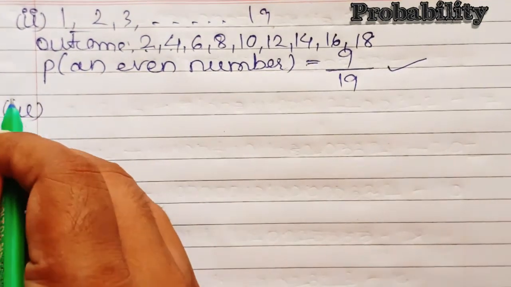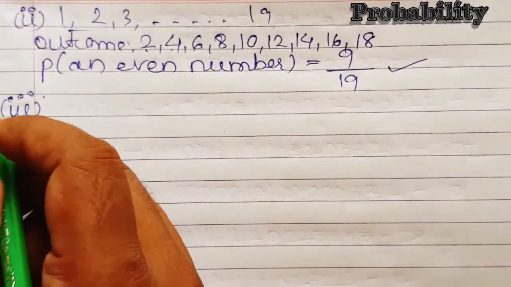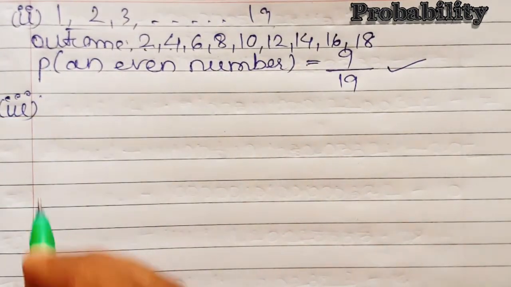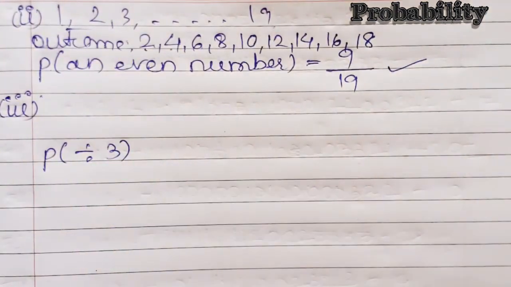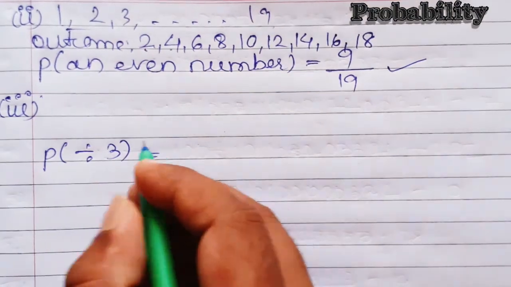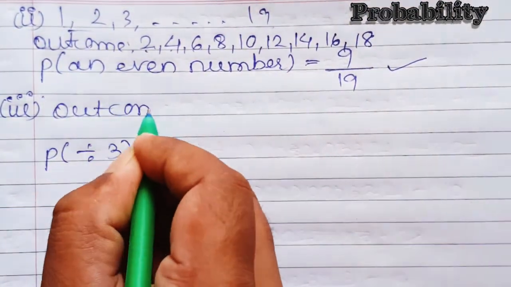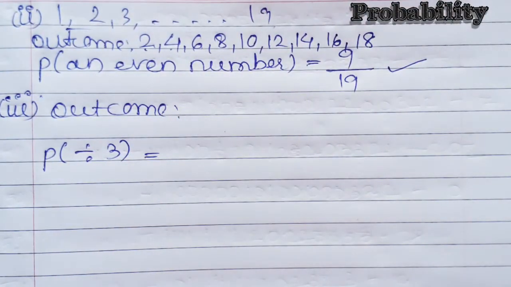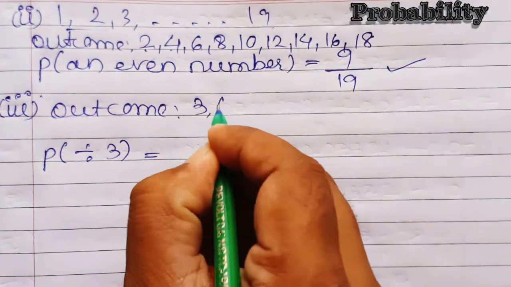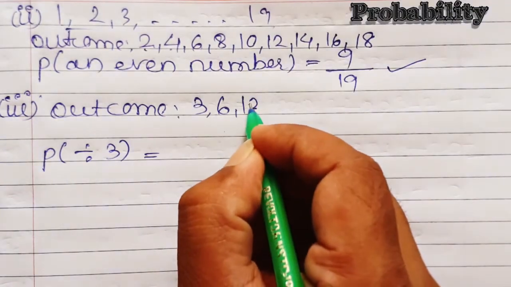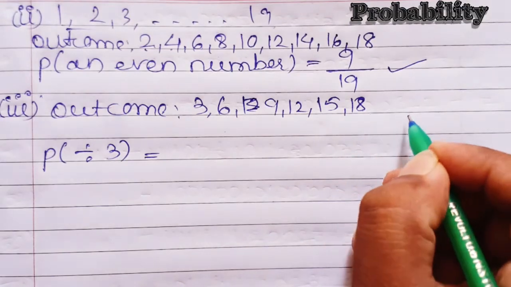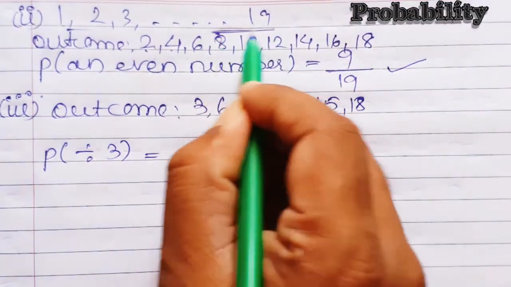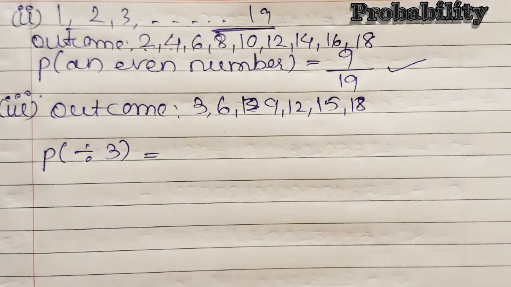Now the third part of this question number 10, we have to find the probability of a number which is divisible by 3. Okay, number which is divisible by 3. So what will be the outcome? तो 1 to 19 में ऐसे कौन से नंबर हैं जो 3 से डिविजिबल हैं? तो सिंपली we'll write the table of 3: 3 6 9 12 15 18. 21 won't be there because according to our question till 19 is given to us.